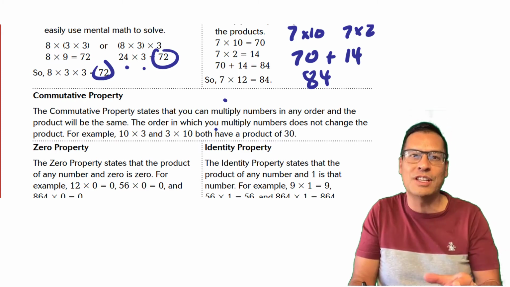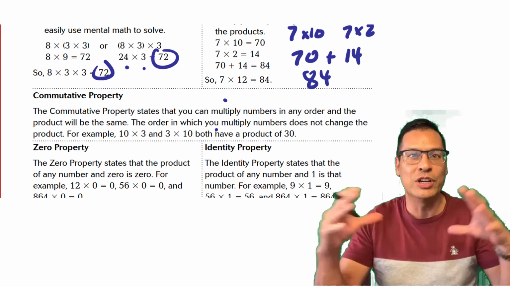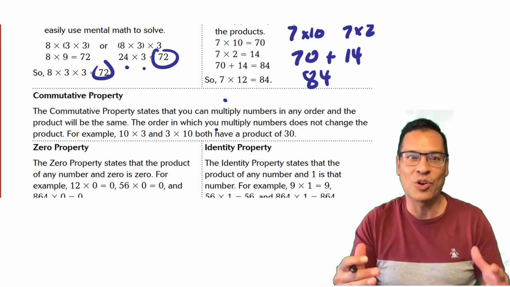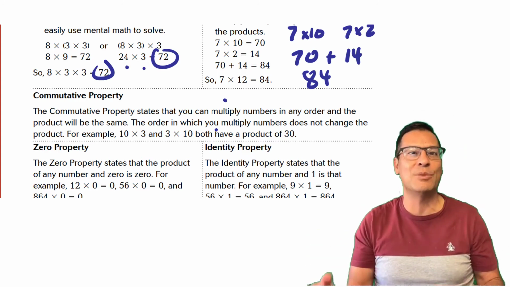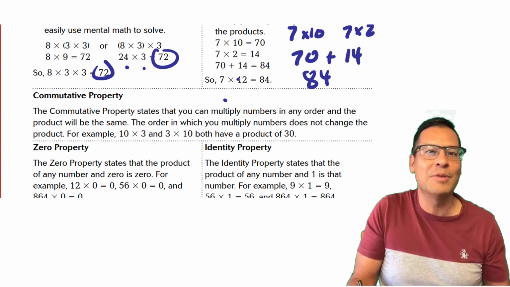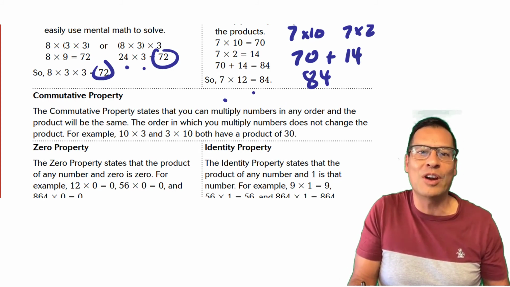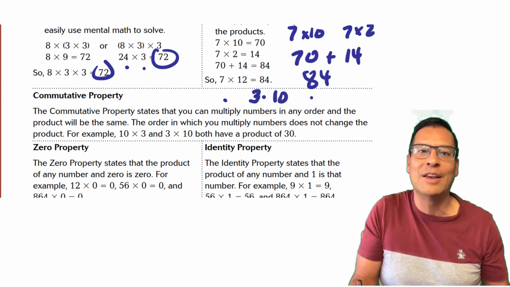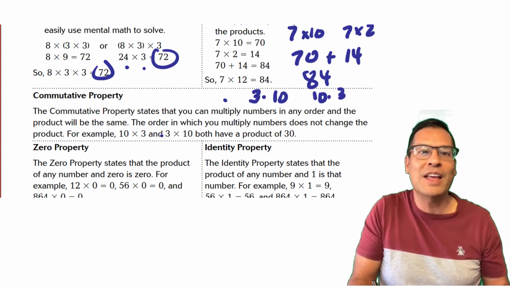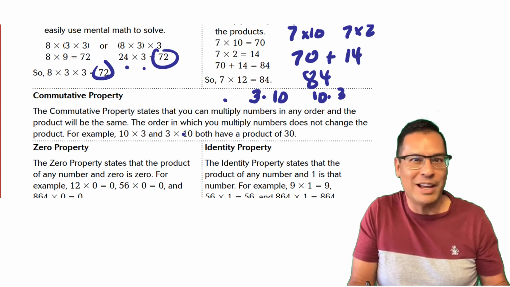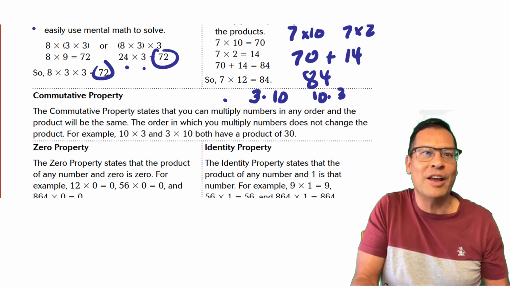The difference from the associative property is that the associative says you can group them in any order, and the commutative property supports that same notion because it says we can multiply numbers in any order. I can multiply 3 times 10 or 10 times 3. It doesn't matter. I'm still going to get 30, right? So that's what it says. The order in which you multiply numbers does not change the product.